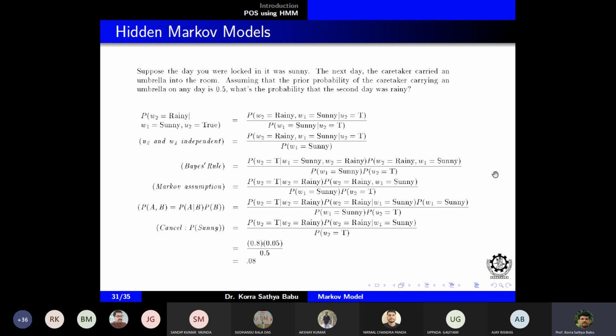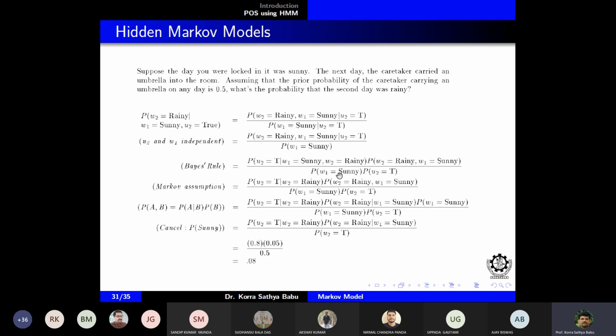The next day the caretaker carried an umbrella into the room. Let us assume that the prior probability of the caretaker taking an umbrella on any day is 0.5. So what is the probability that the second day was rainy?